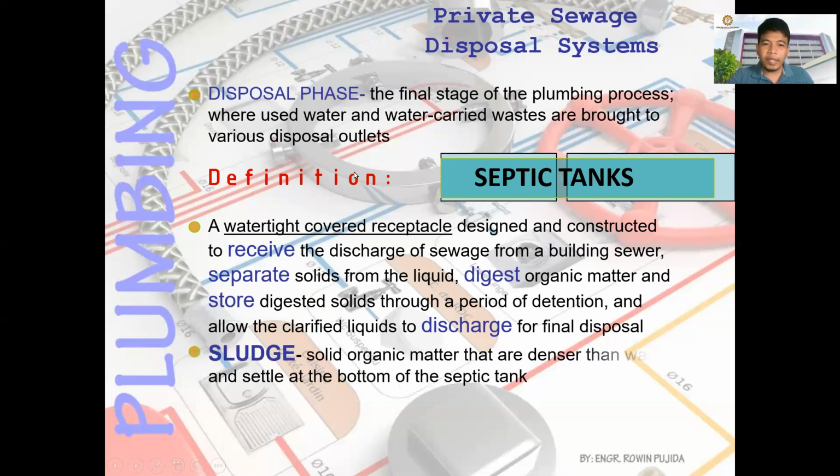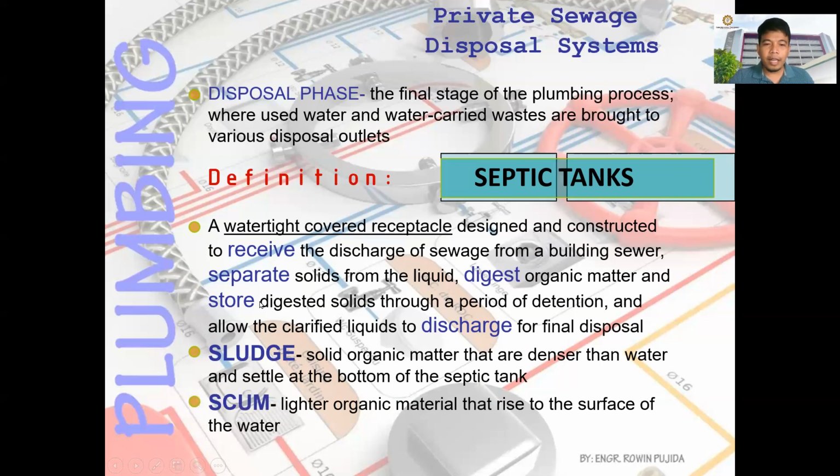Sludge is solid organic matter that is denser than water and settles at the bottom of the septic tank. That is the excreta, the solid particles coming from the water closet.